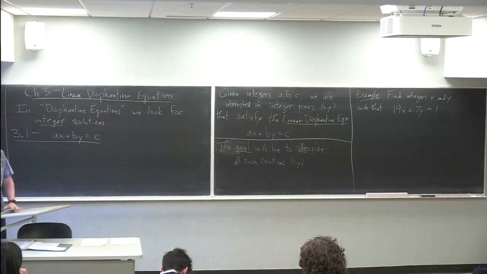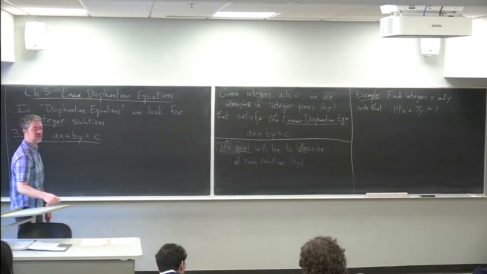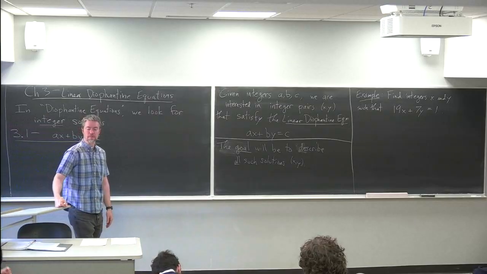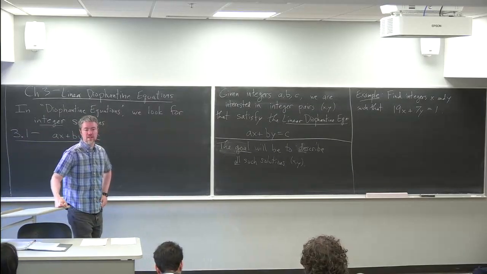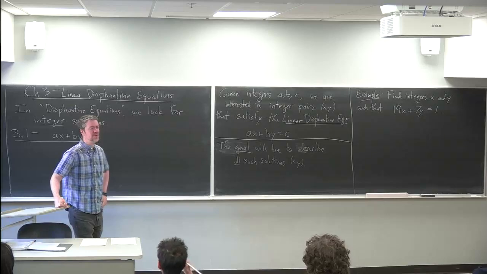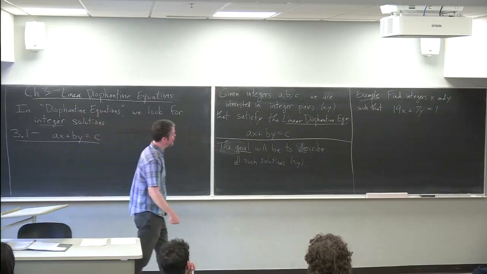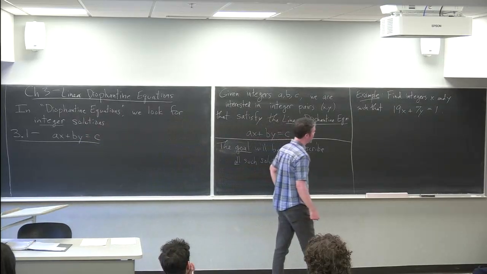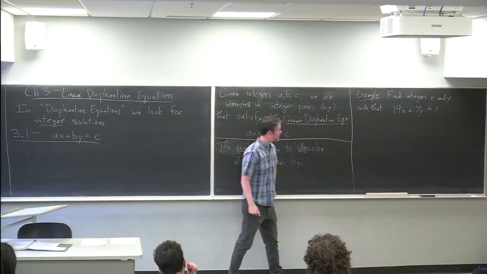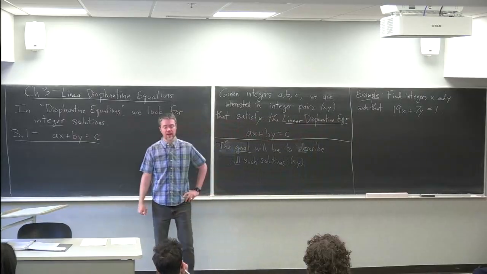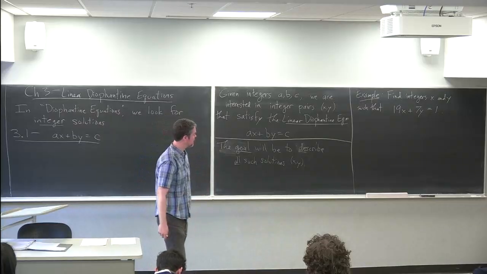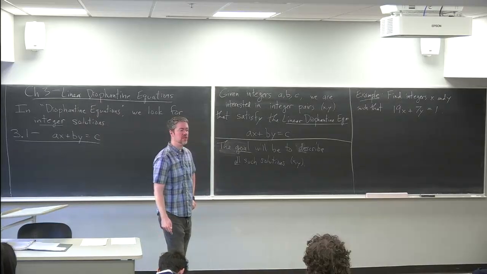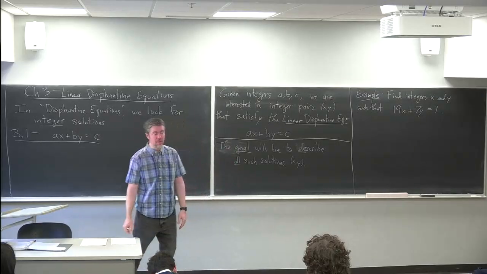If we just wanted to find one pair of x and y that satisfy this equation, in fact, we've already done this in this class. These two integers, 19 and 7, are relatively prime. That makes their GCD 1. And this is really just like asking us to write 1 as a linear combination of 19 and 7. We actually did this specific example already.